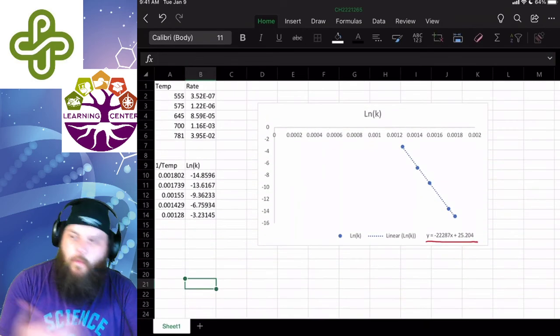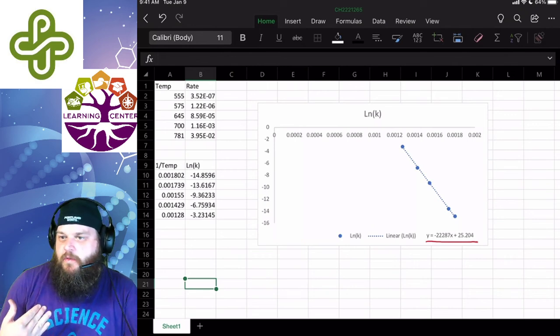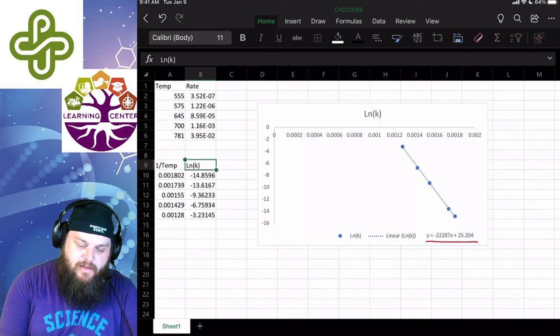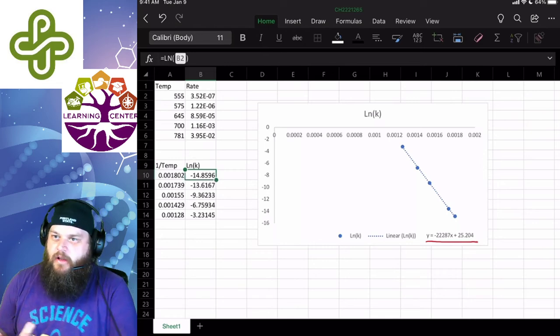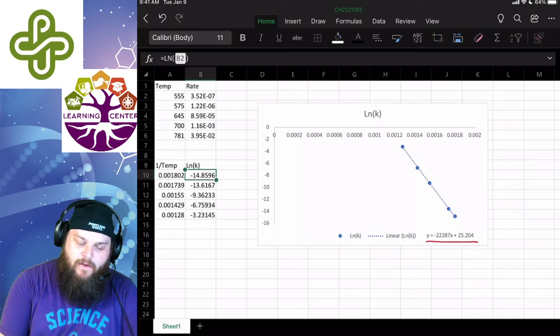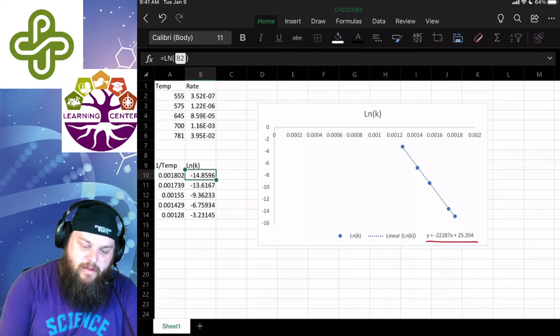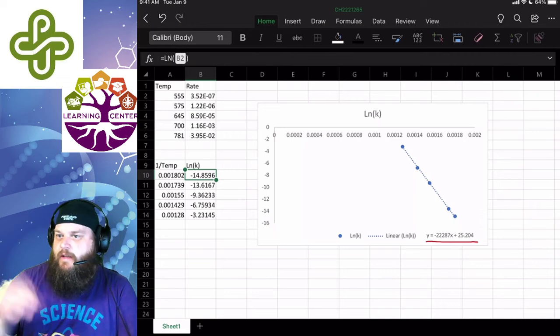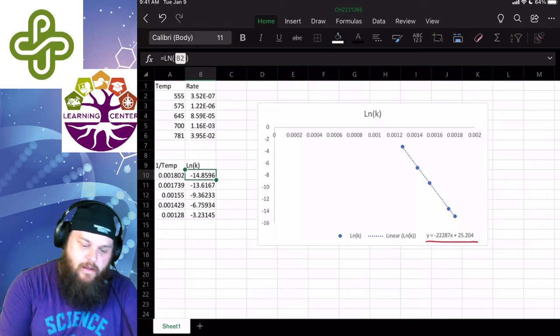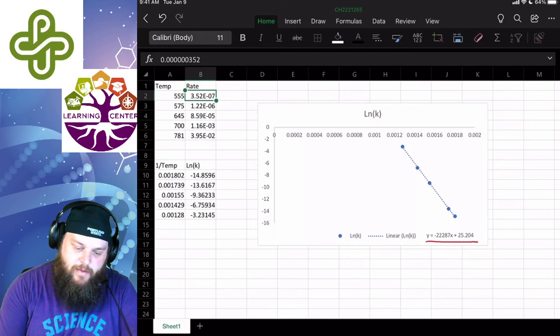So then I got that 1 over temperature column for my x coordinates. Then my y coordinates are the natural log of k. Excel has a function for that natural log. So I did that function ln, parenthesis. You really have to hit the equal sign first if you're not familiar with Excel. So you hit the equal sign, and then you can create functions. So the natural log of cell B2, which is this first rate up here, and then I copied and pasted that down to these other ones.